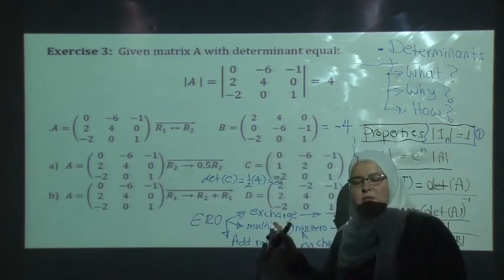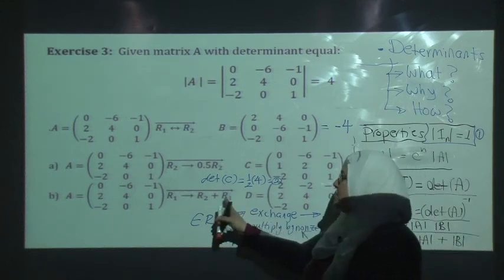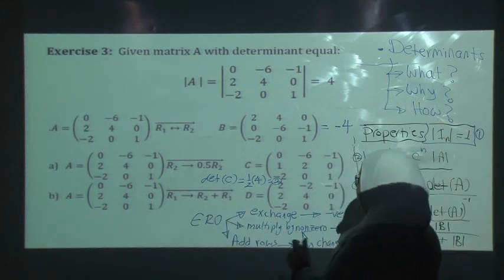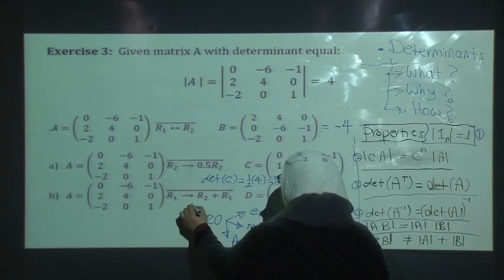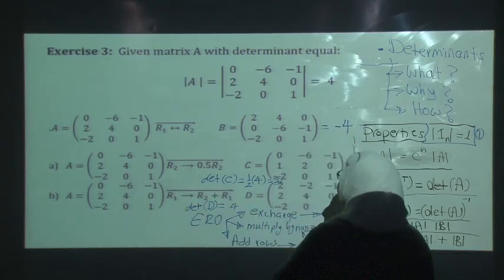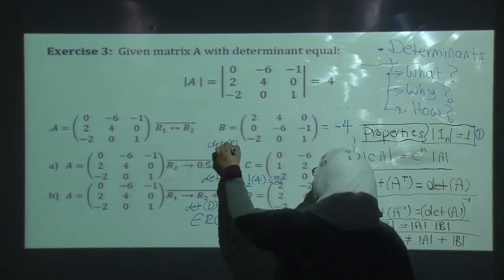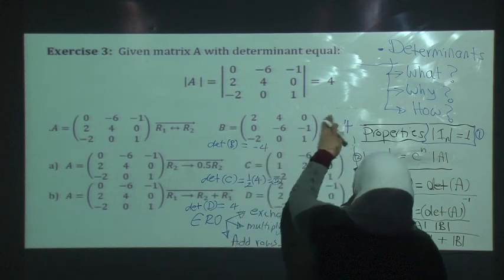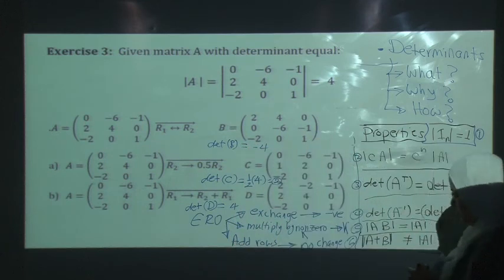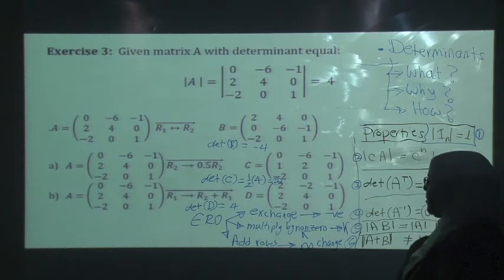This is what happened here. The question tells us the operation that happened, and as long as it is an addition, the determinant of D is exactly the same as 4. And the determinant of B was negative 4 because we exchanged 2 rows, right? Okay, let's move to another question.